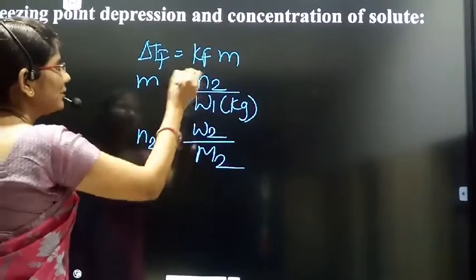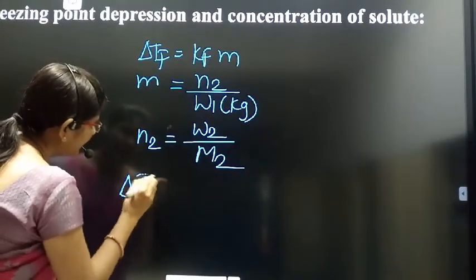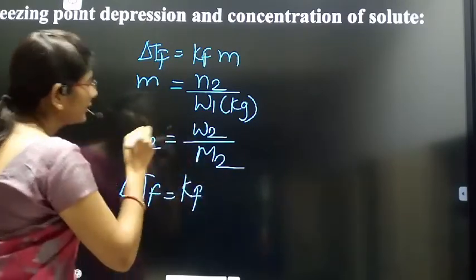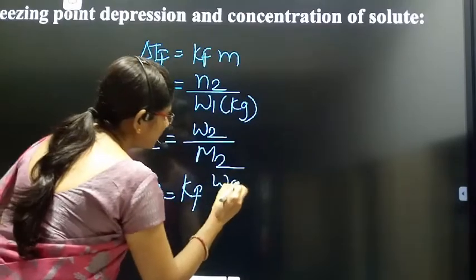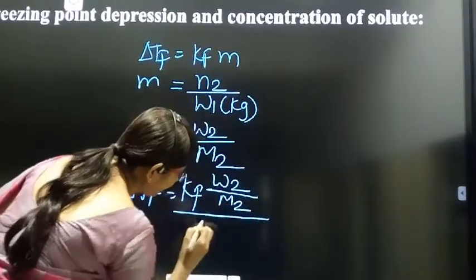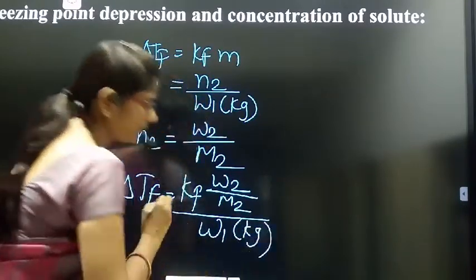If we put this value in this equation, then delta Tf which is equal to Kf, n2 means W2 upon M2, divided by W1 in kilogram.